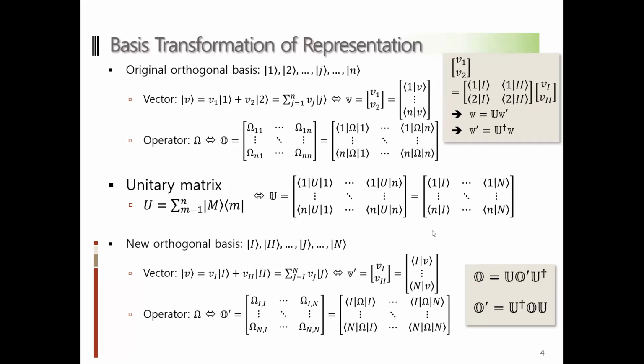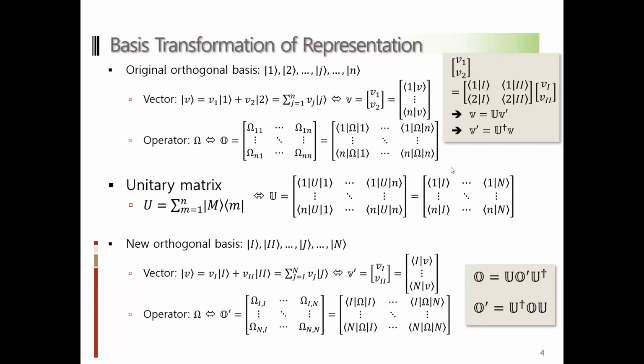Now what I'm going to use is this relation, which says that for the matrix representation of the unitary matrix, each column should come from the column vector representation of the new basis in the old basis.